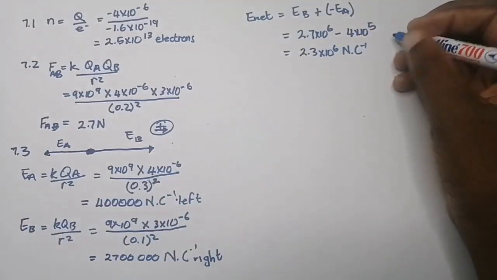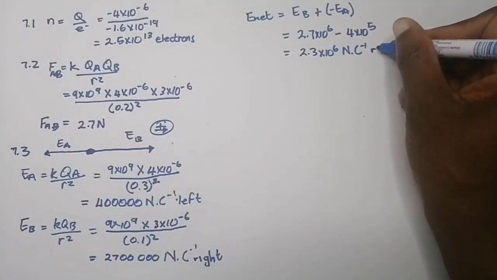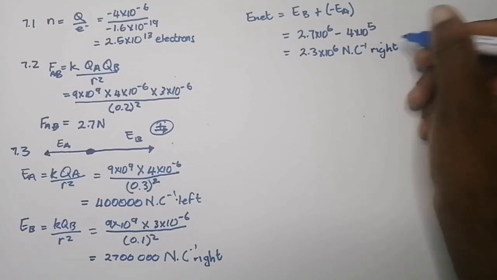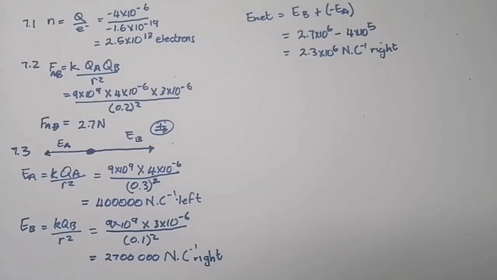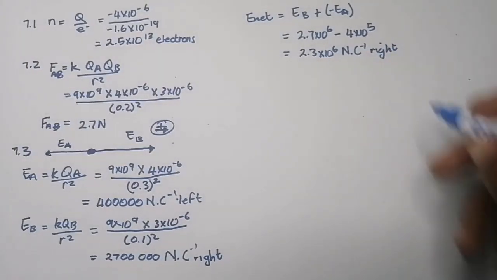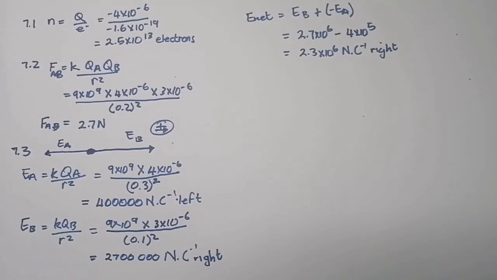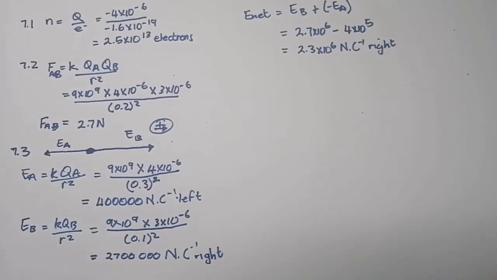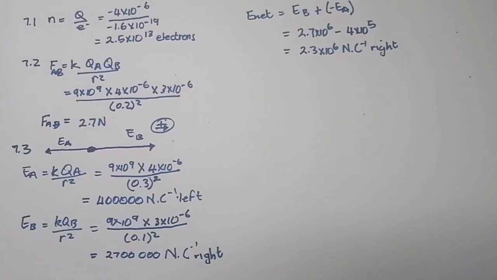We get our answer as positive there, so it must be to the right, or you can say to the east, in that direction. Okay, right, so I hope that kind of makes sense to you. Right, so let's continue.